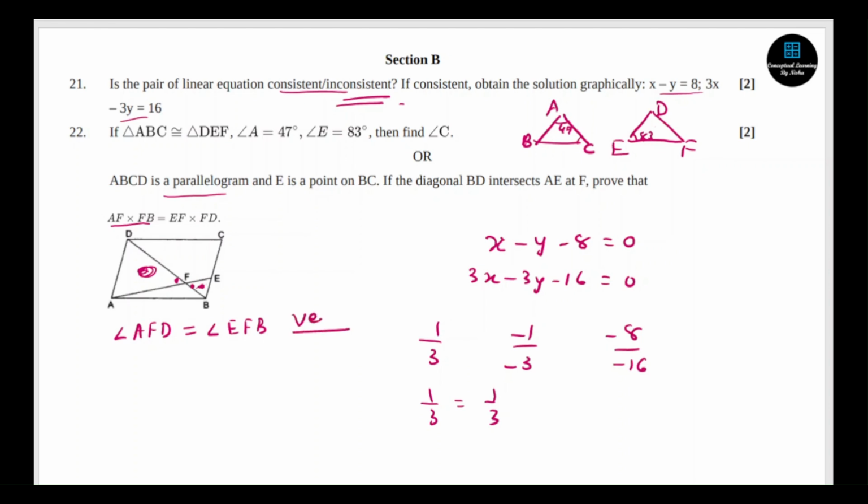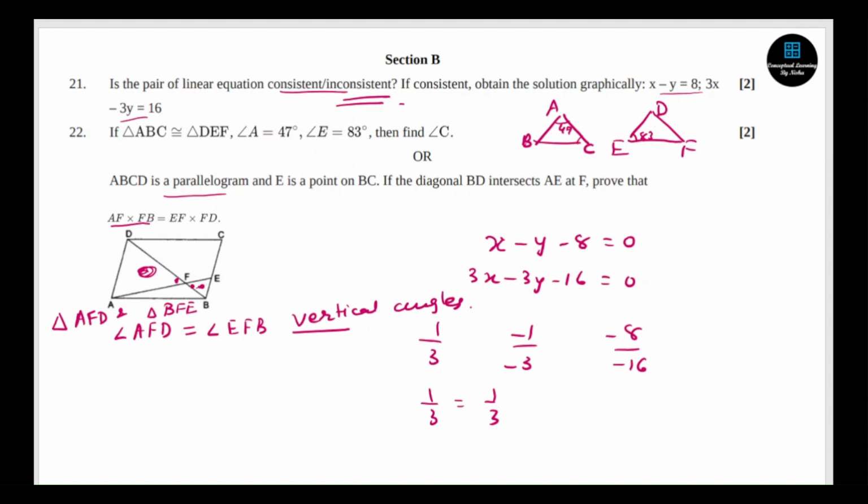You have to write the proper reason. Okay? And which triangles you are considering, that also you have to write. Triangle AFD and triangle BFE. I am considering that. Okay? So write all the steps carefully, then you can avoid getting marks cut.